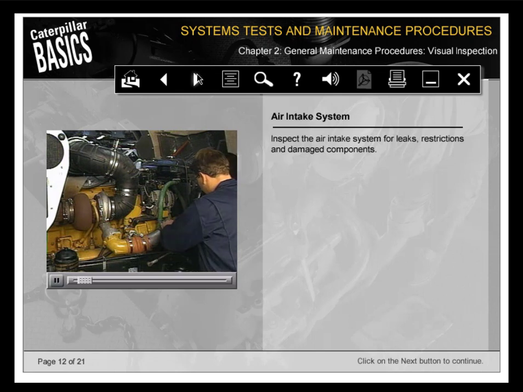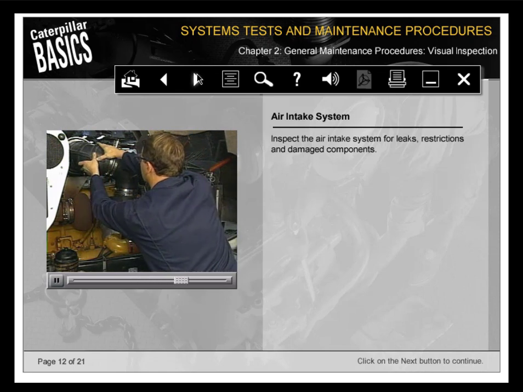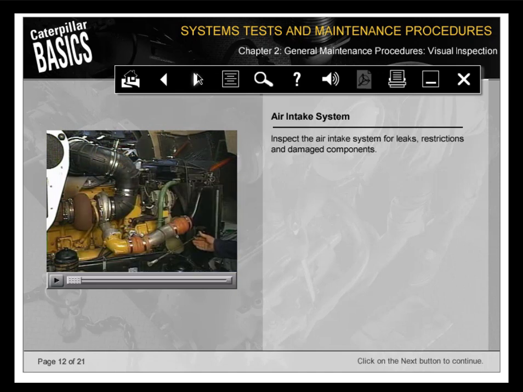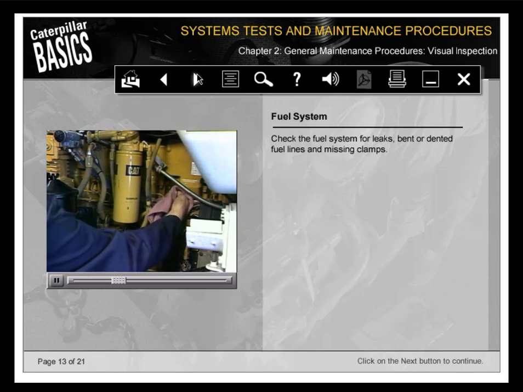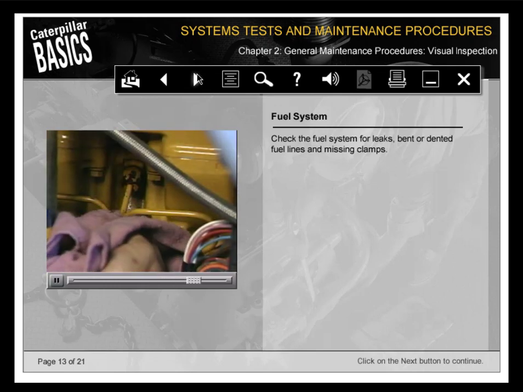Inspect the air intake system for leaks, restrictions, and damaged components. Check the fuel system for leaks, bent or dented fuel lines, and missing clamps.